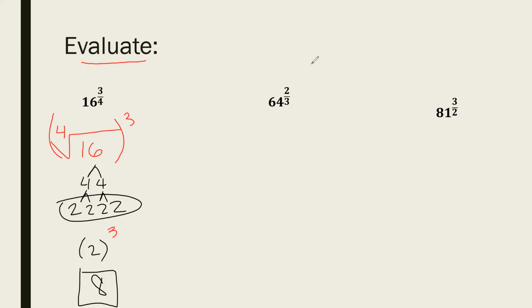64 to the 2/3. Again, right now, not a clue what the value of that is, so let's convert it to radical form. This will become the cube root of 64 squared. And let's break down the cube root of 64. 64 is the same thing as 16 times 4, and since it's a cube root, we need groups of 3 to break free. 16 is 4 times 4 times 4.